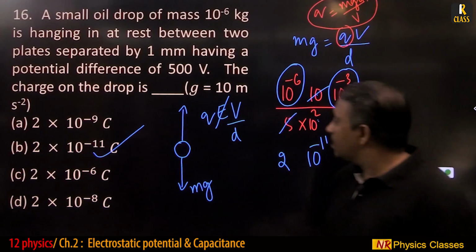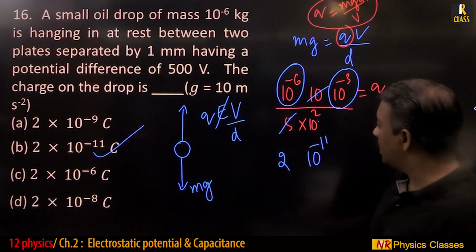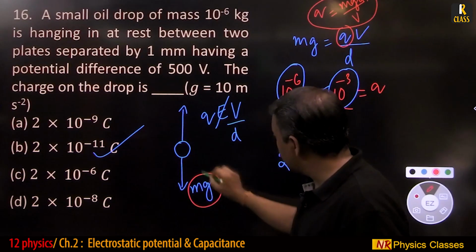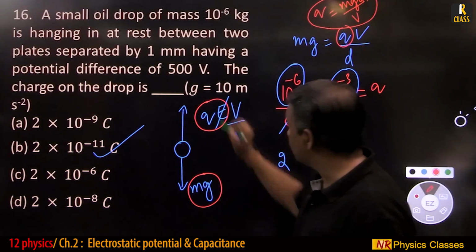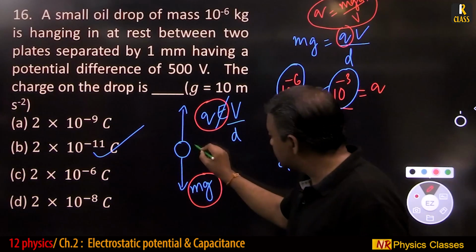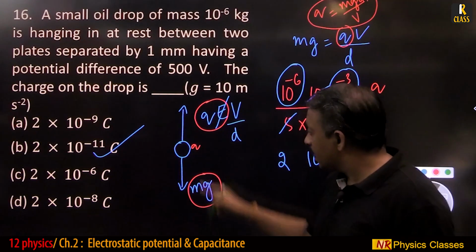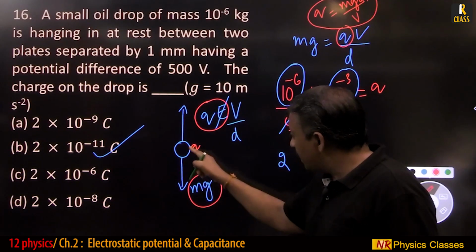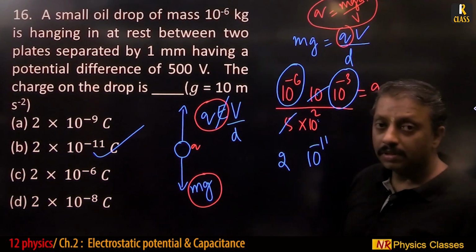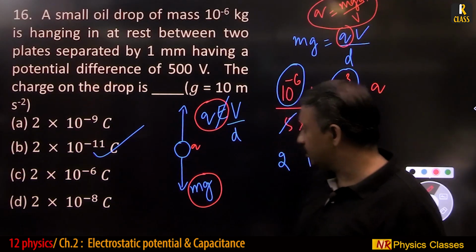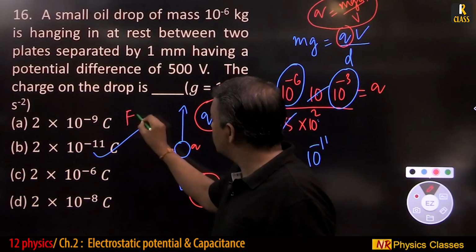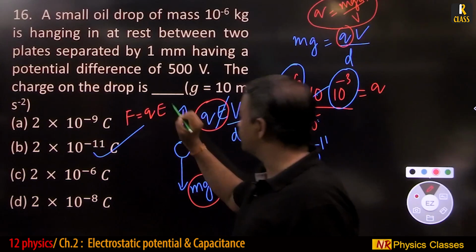Now let me explain why this is equal to this. If there is a charge and that oil drop is at rest, then mg should be balanced by an upward force. That upward force is due to the electric field. So force equals charge into electric field.